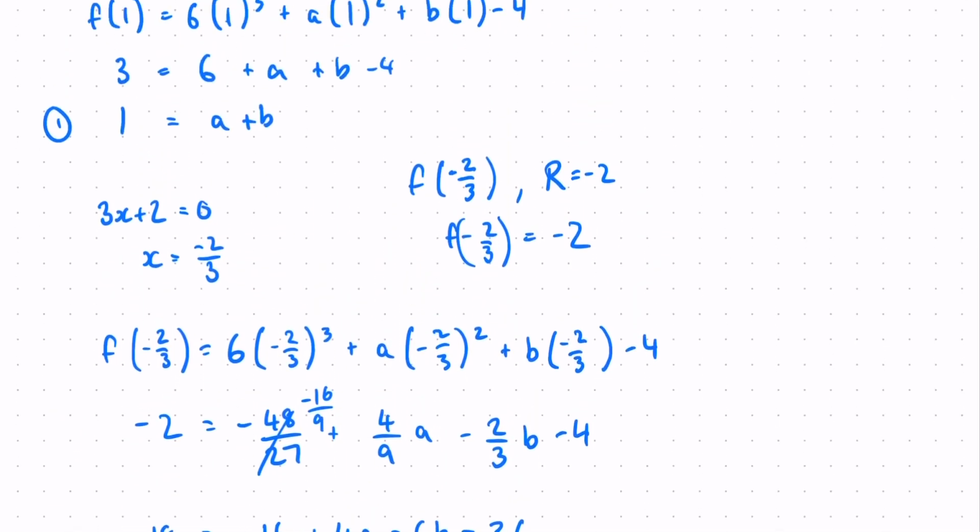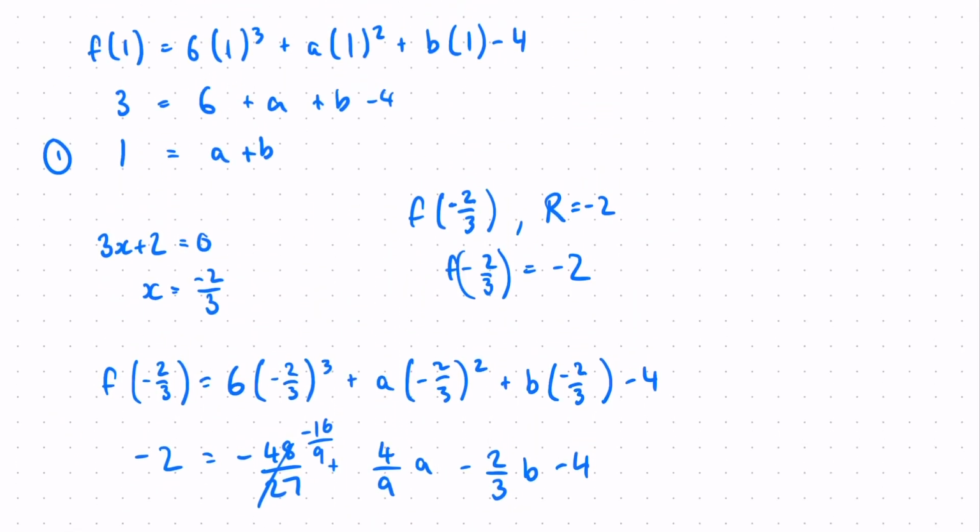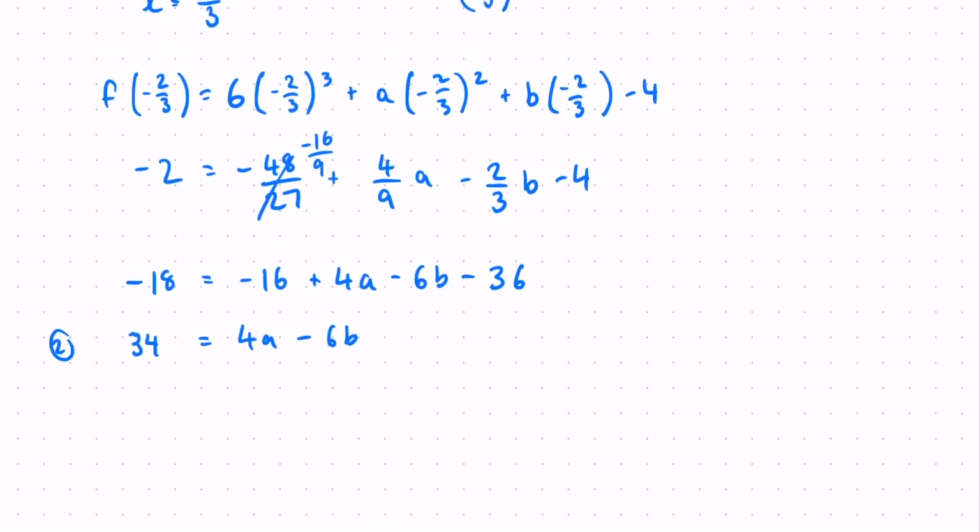I'm now going to use my first equation, 1 equals a plus b, and this equation to find what a and b are going to be. So if 1 is equal to a plus b, then I can say that a is equal to 1 minus b. Okay?